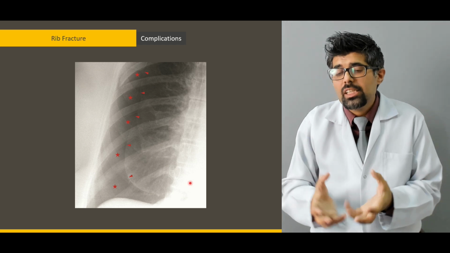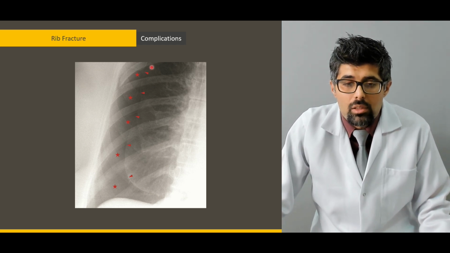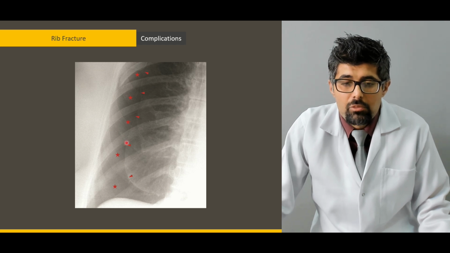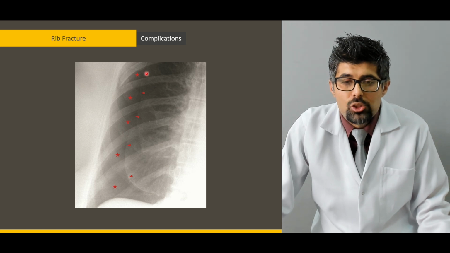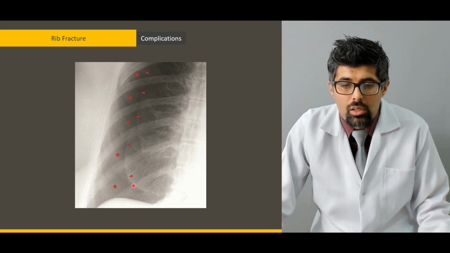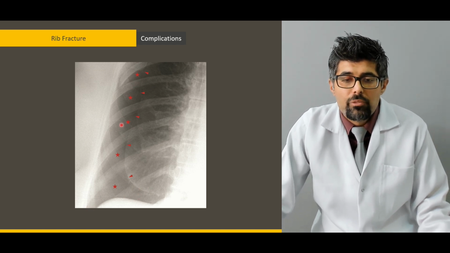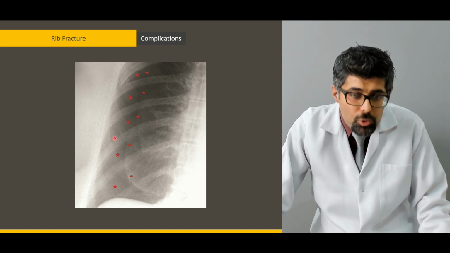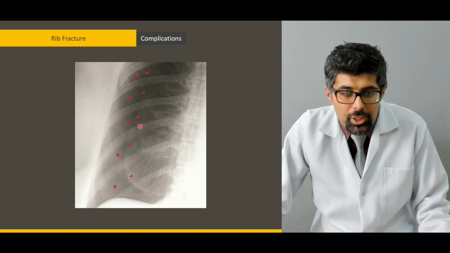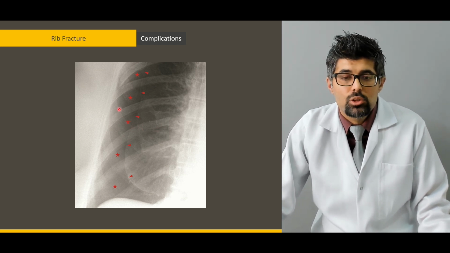And on the chest x-ray, we can find it out by actually measuring the visceral pleura. Now this white line here actually represents the lung, and this whole area is actually air, which is due to the rib fracture escaping into the thoracic cavity, into the pleural cavity, and is separating both the pleura, and the lung is collapsing.